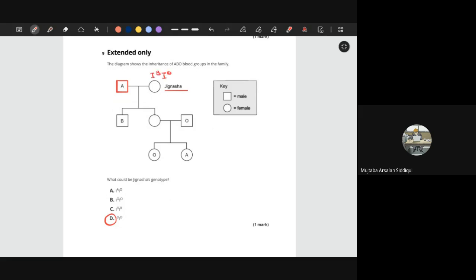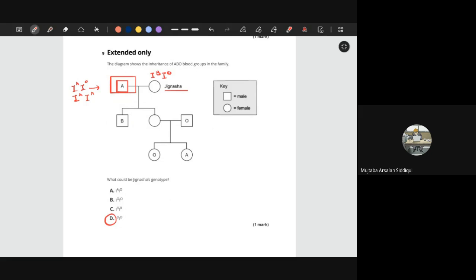IBIO. Why? Because there's a child who is born with blood group B, right? And if this is blood group A, he does not have the genes for blood group B. He is either IAIO or IAIA, right? Does that make sense?